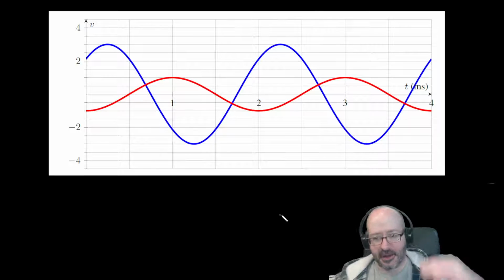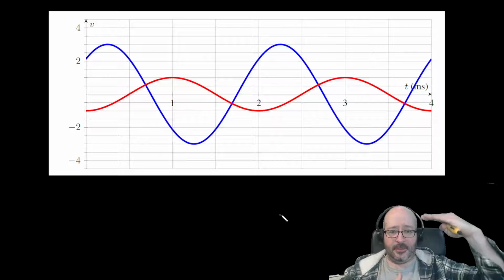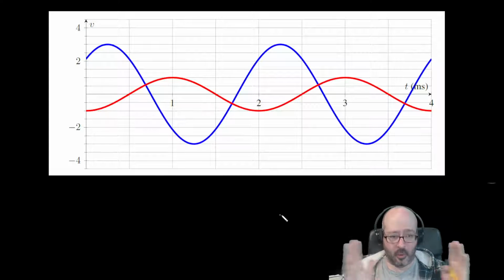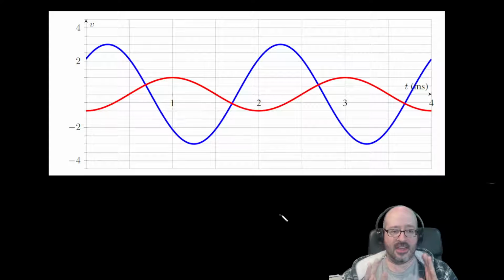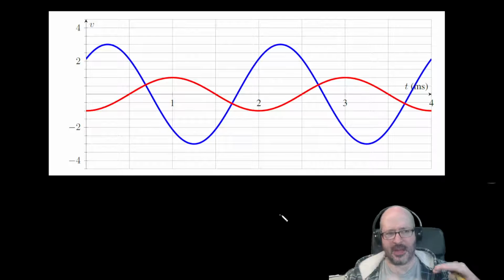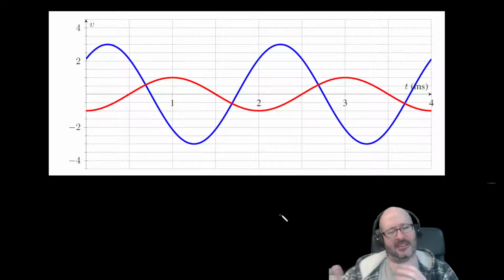So let's look at the first one. All of these have some vertical size, they have some horizontal size, and then they can be moved left to right as well. If we move it up and down, we have another number for that, but it's not really part of the sinusoid.